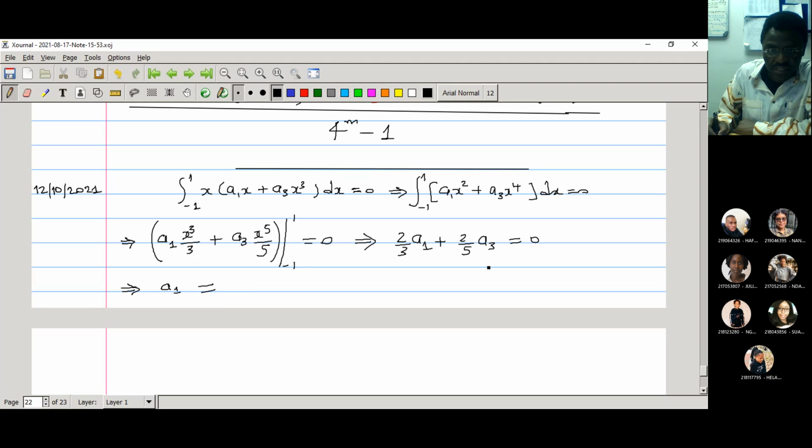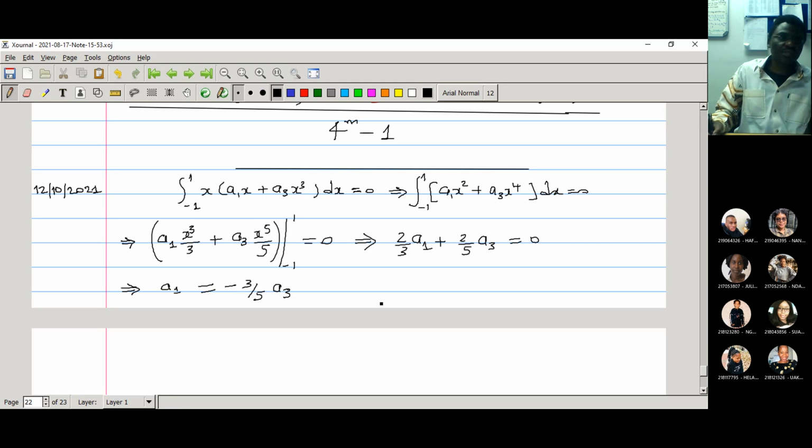I take this on the other side: 5A1 is equal to -3A3, so A1 is -3/5 A3. That's a relationship between the two. If I fix A3, I'll get A1, and if I fix A1, I will get A3.